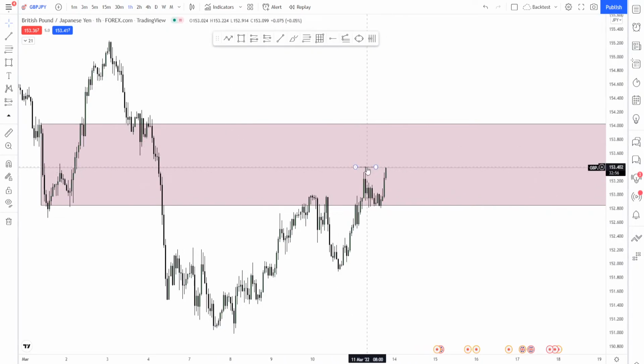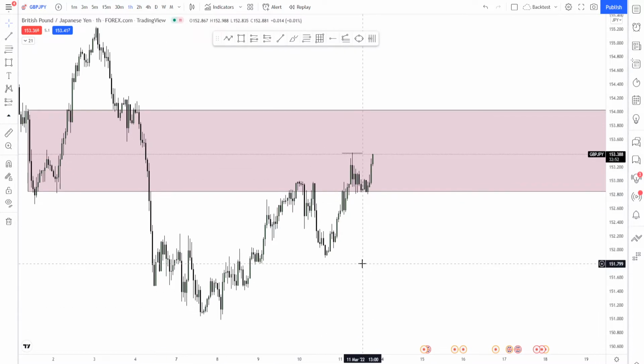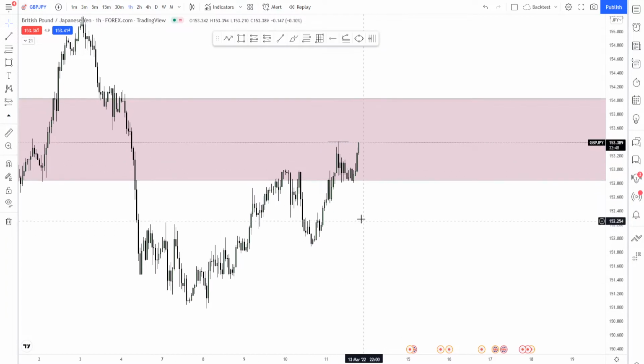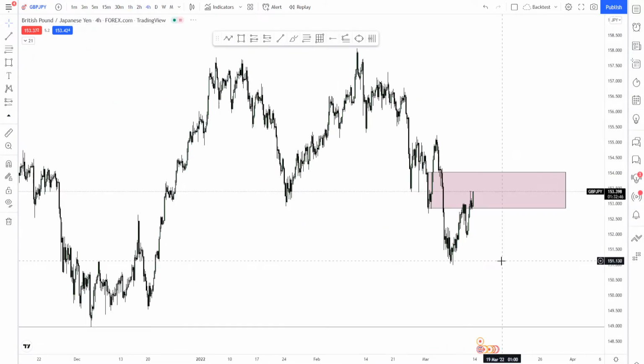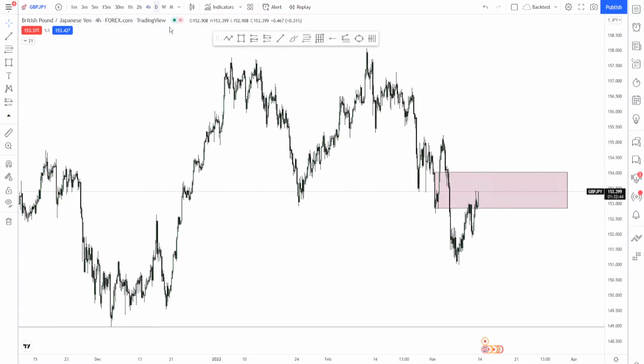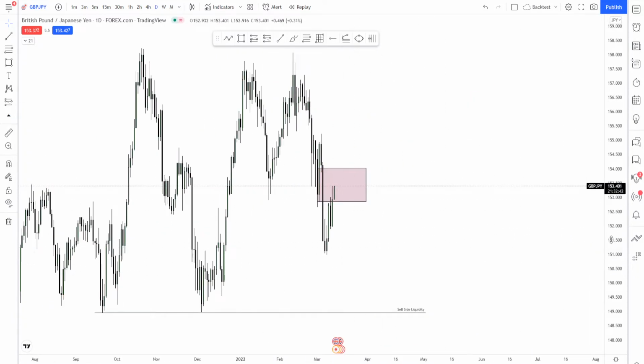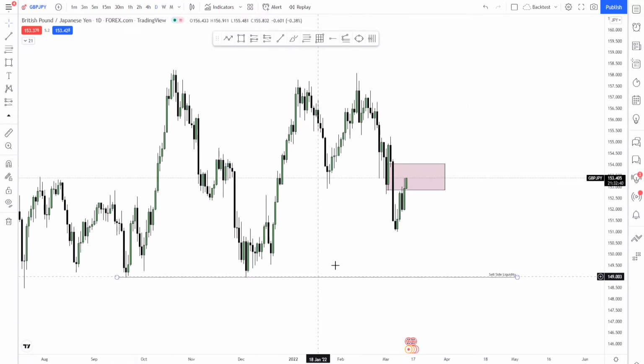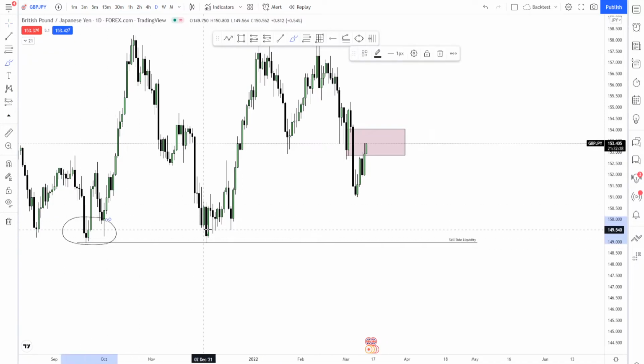So we could come up to one of these imbalances and then drop. So we are targeting the daily lows. All right, there's your targets, equal lows, simple, boom.